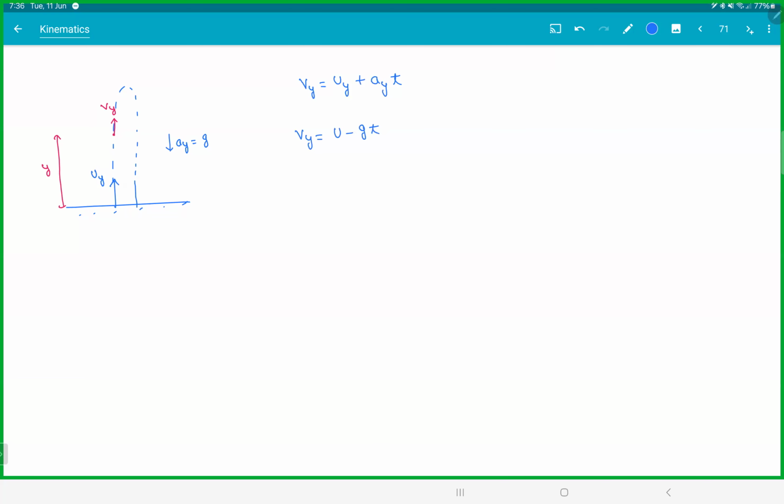So the subscript y indicates you're talking in the vertical direction. The second equation becomes sy equals uy t plus half ay t square. This becomes the height y is equal to ut minus half gt square. This y here is the height from the ground level.